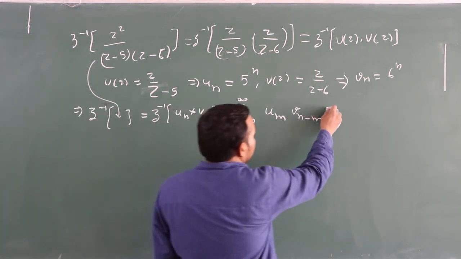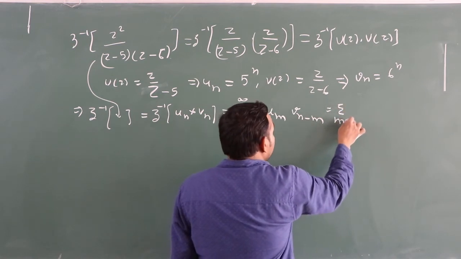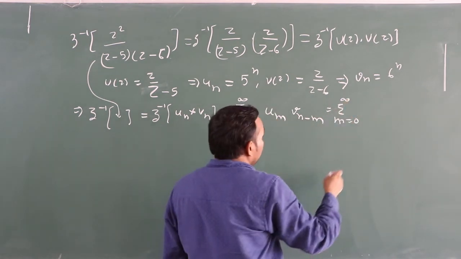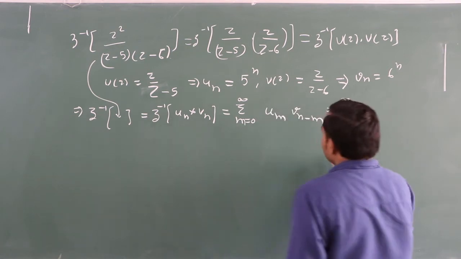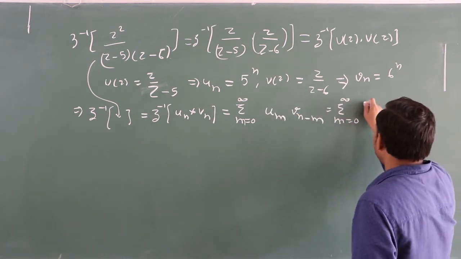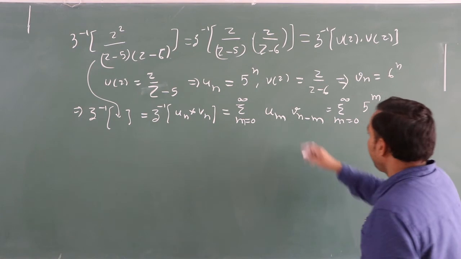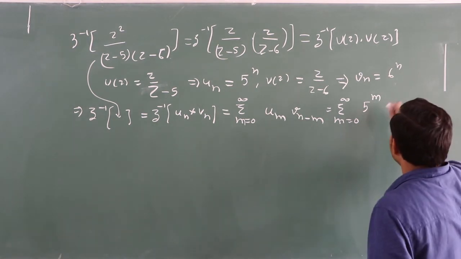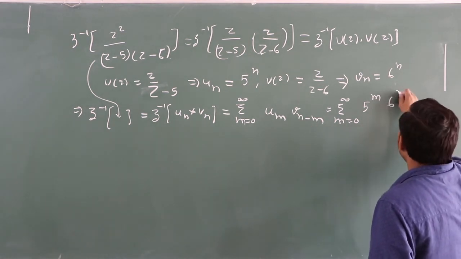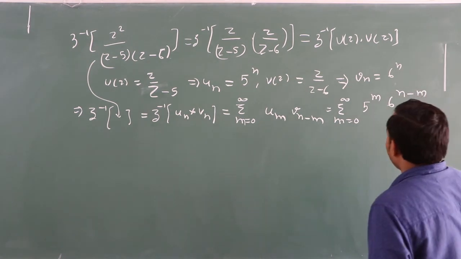So we write the sum from m equal to 0 to infinity of 5 to the power m times 6 to the power n minus m.